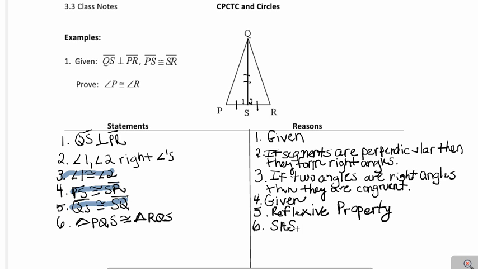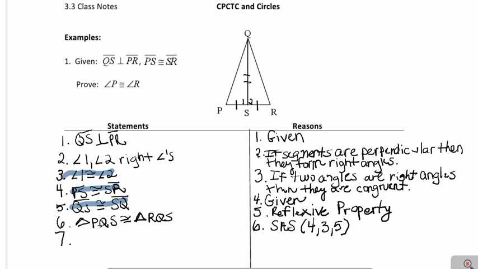So we're going to continue to practice that. So therefore, triangle PQS is congruent to triangle RQS by side angle side, looking at the tick marks. Don't forget to include the step numbers where you have those three congruent corresponding sides and angles.